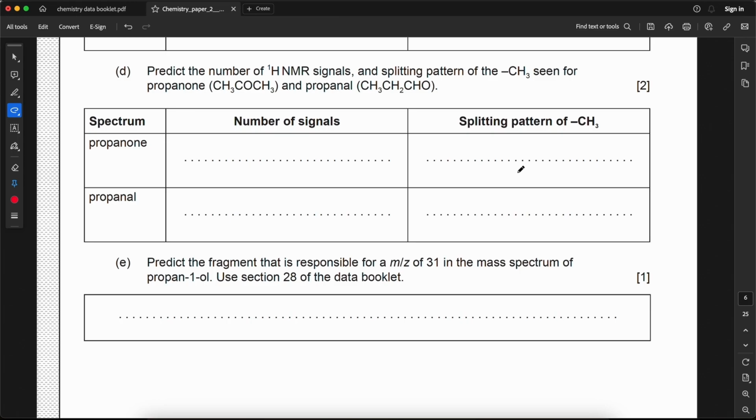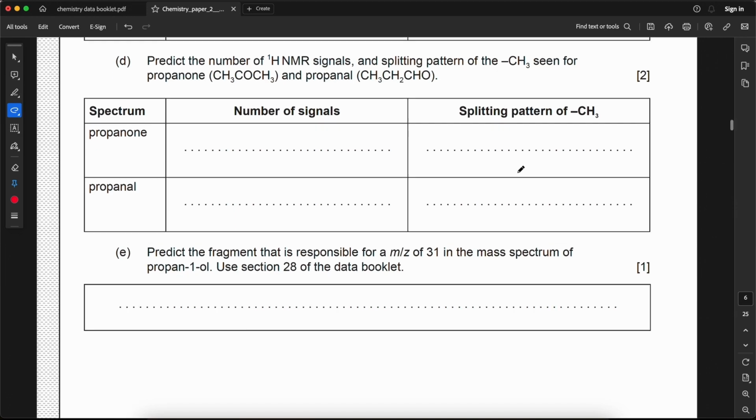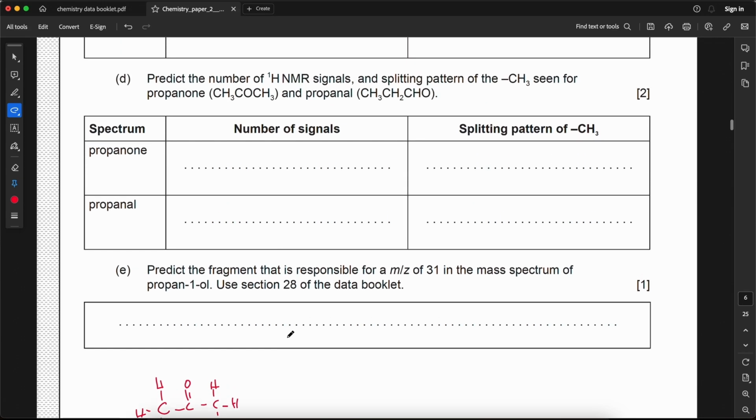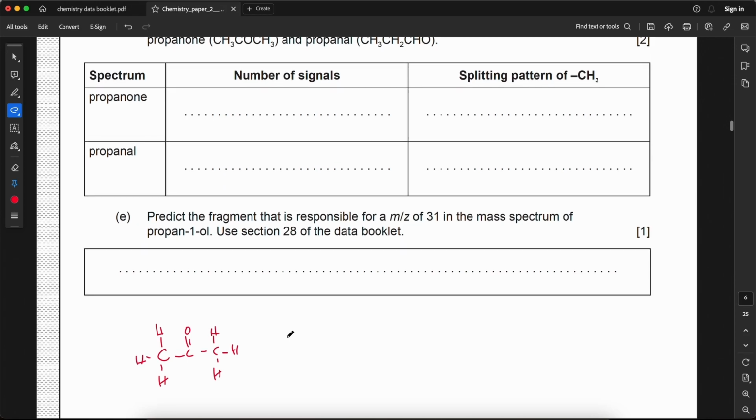Predict the number of HNMR signals and splitting pattern of the CH3 signal for propanone and propanal. Okay, so let's do propanone here. C double bond O, CH3, and the other one is propanal.